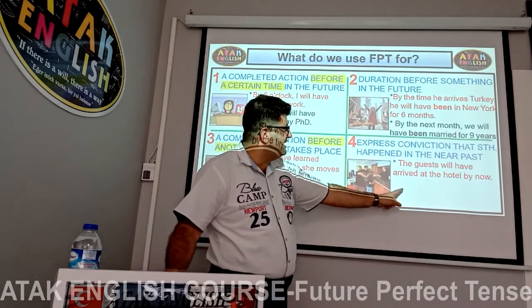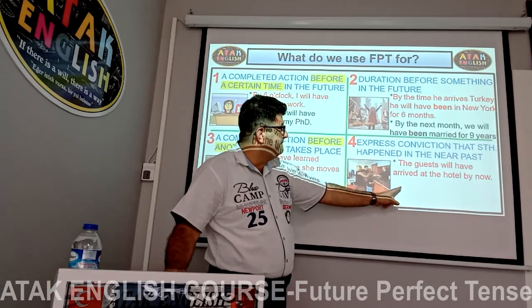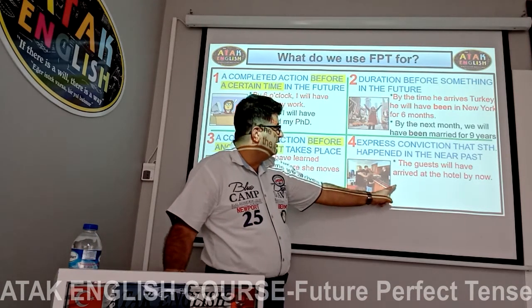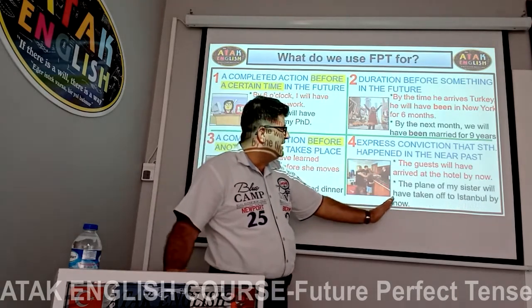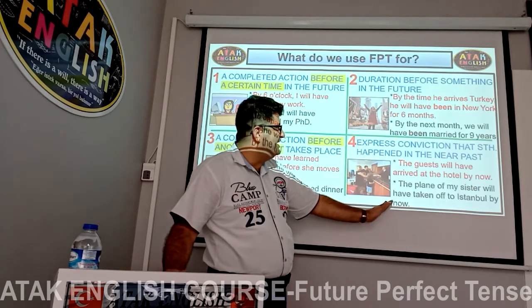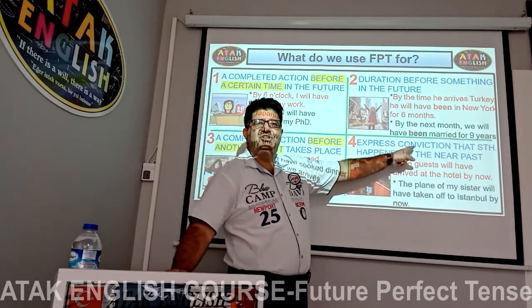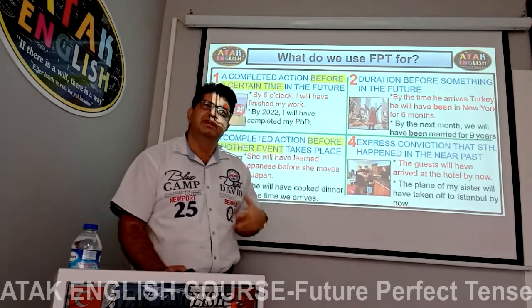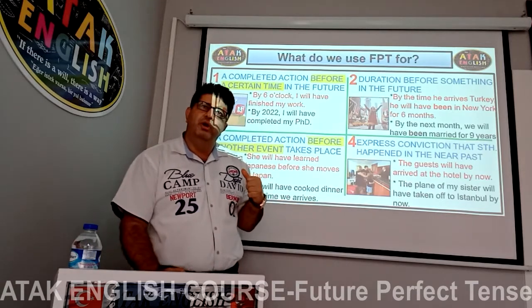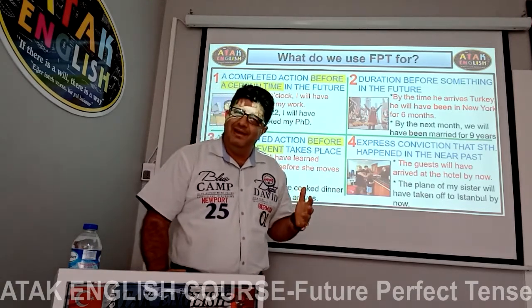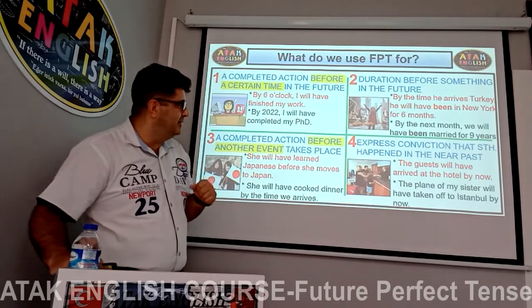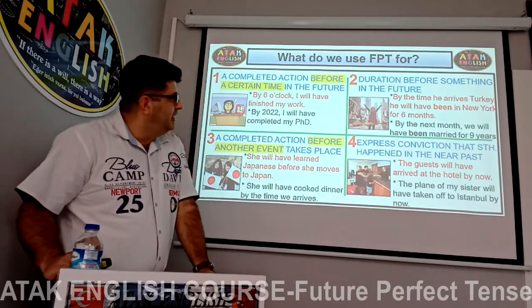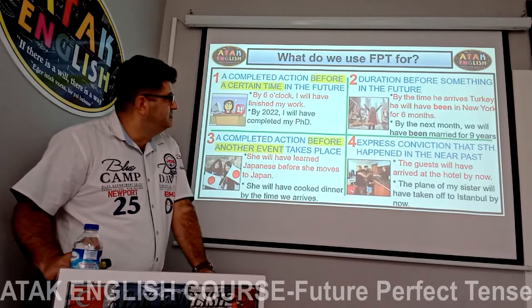The guests will have arrived at the hotel by now. Or the plane of my sister will have taken off to Istanbul by now. Expressing conviction. Conviction means I assume or I guess, I think, something in the future.